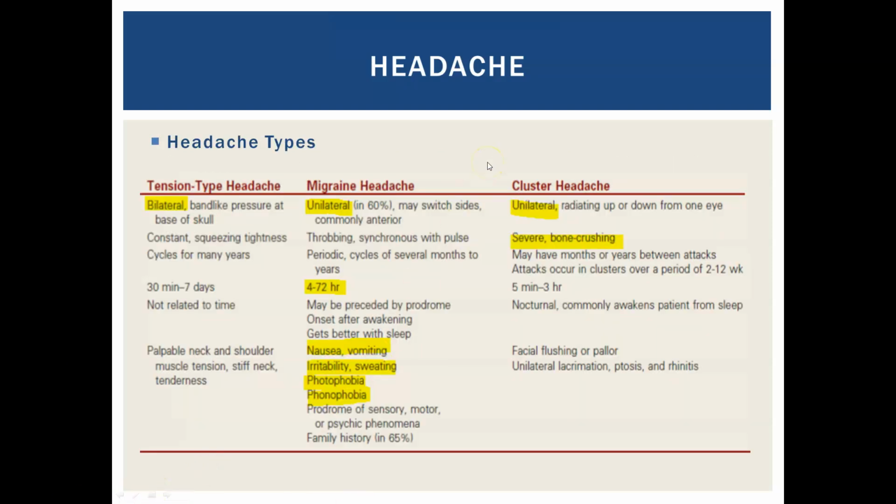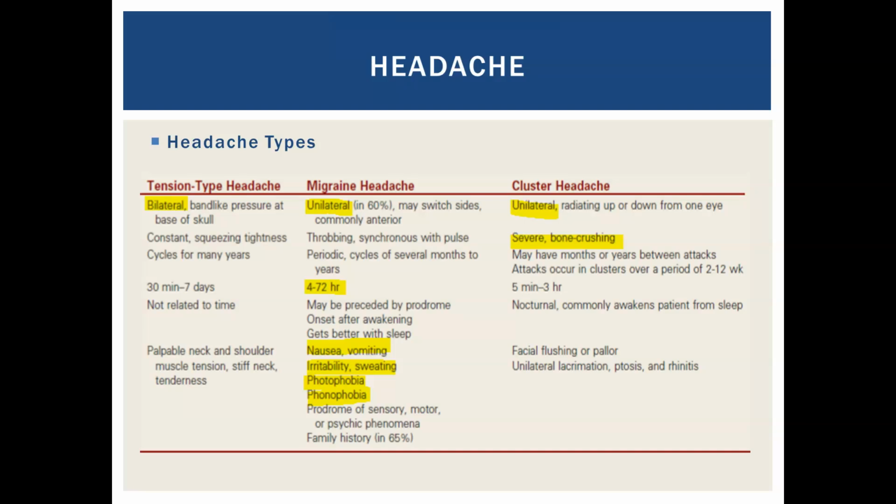Okay, so here we have a breakdown. And to me, when I'm seeing three things, that's always about making sure that you can differentiate one from another. So with NCLEX, I would maybe expect something like a categorization type of question. With tension type headaches, you can see that it's usually bilateral. It's going to be consistent with a band around your head. It's constant, a squeezing tightness.